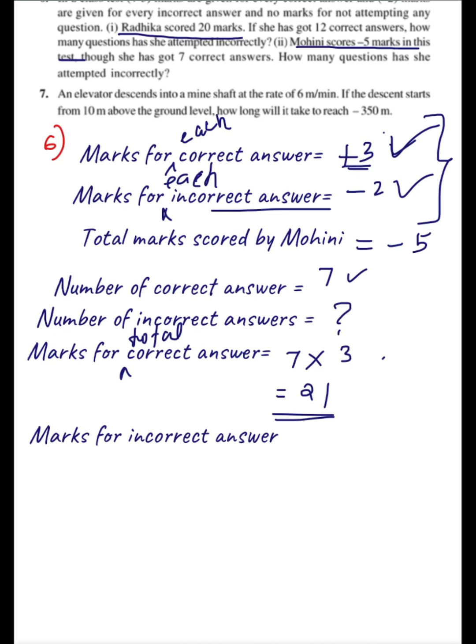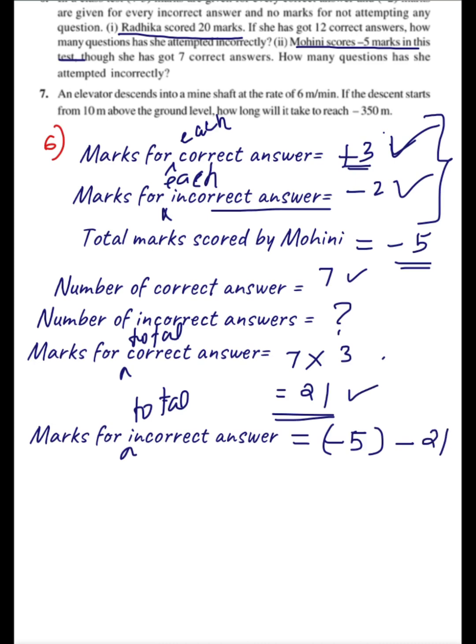Now what would be the marks for total incorrect answers? That is the total marks scored by Mohini, -5, minus the marks scored for correct answers, which is 21.